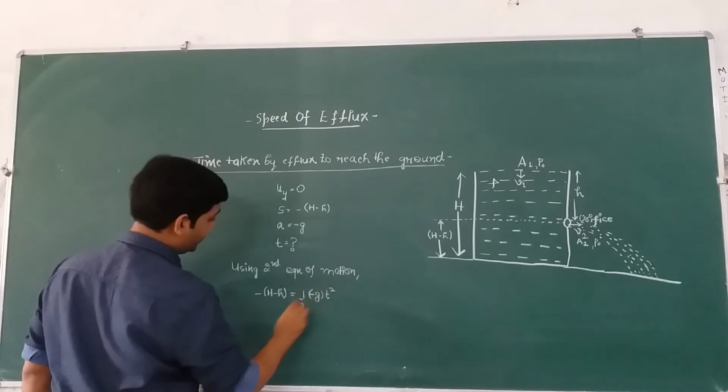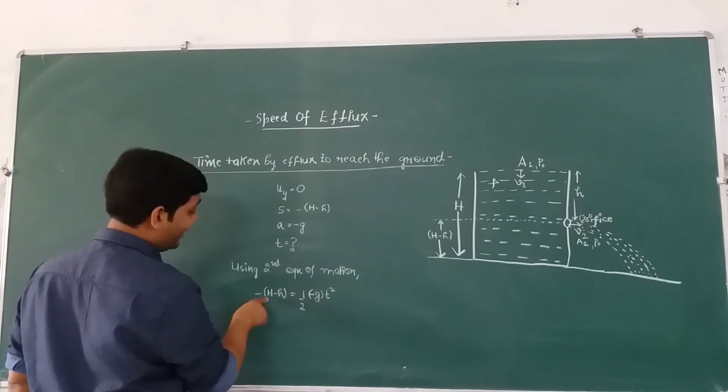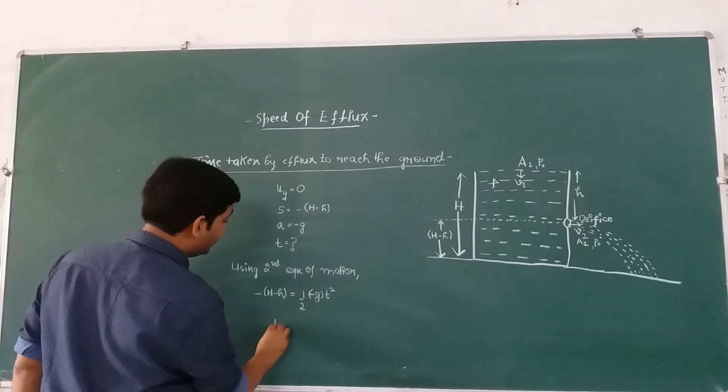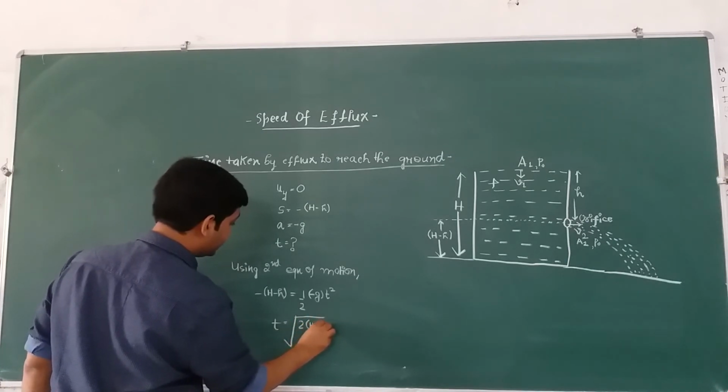So minus minus will cancel out, the 2 will go here and it will become 2 into h minus h, and g will come down. So from here the value of t comes out to be under root of 2 times h minus h upon g.